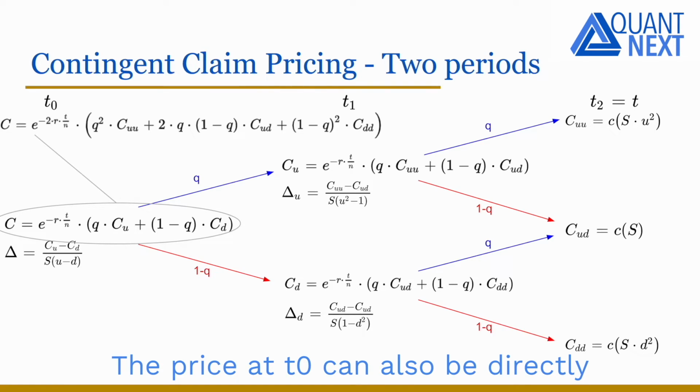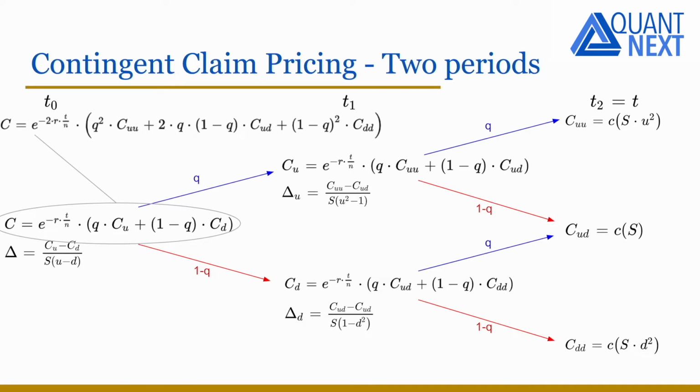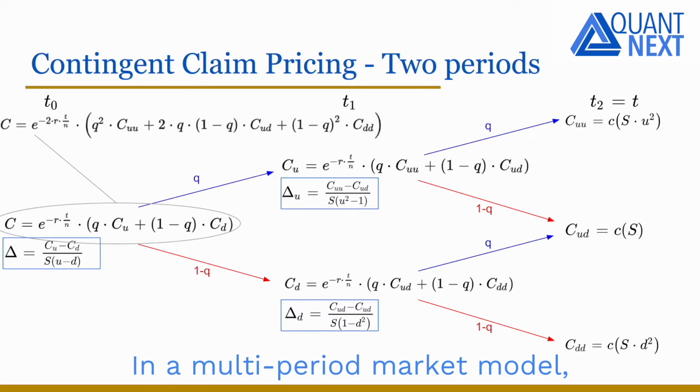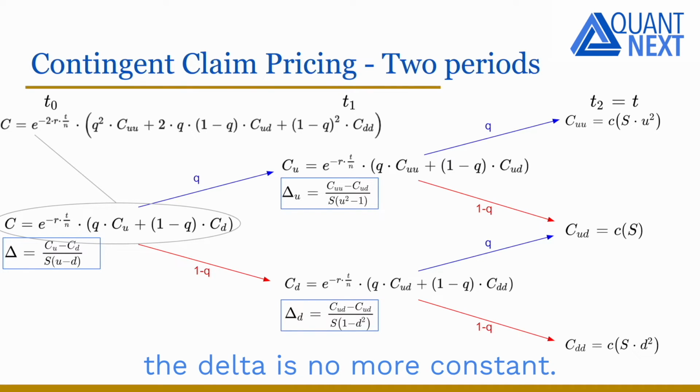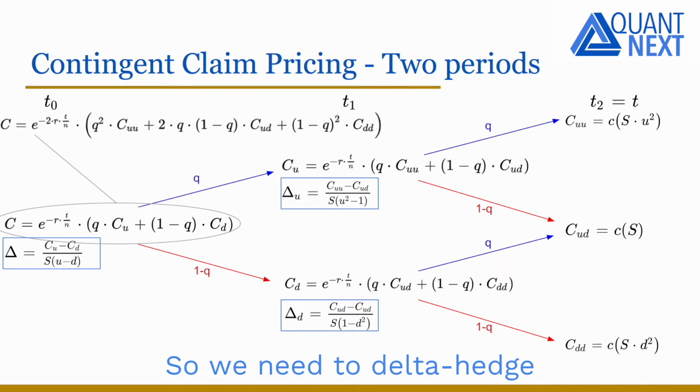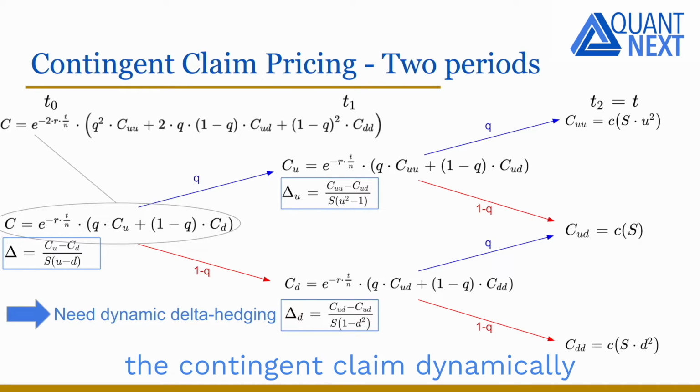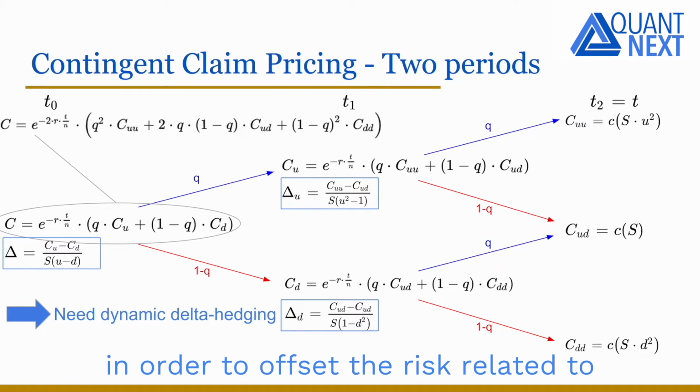The price at T0 can also be directly expressed as the discounted expected value of the final payoff. In a multi-period market model, the delta is no more constant. So we need to delta hedge the contingent claim dynamically in order to offset the risk related to the underlying asset.